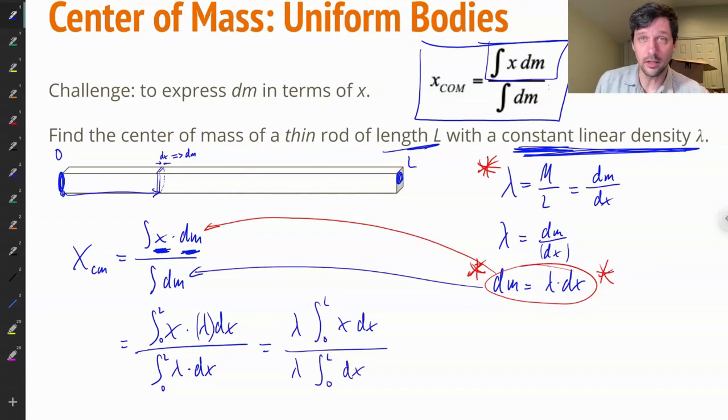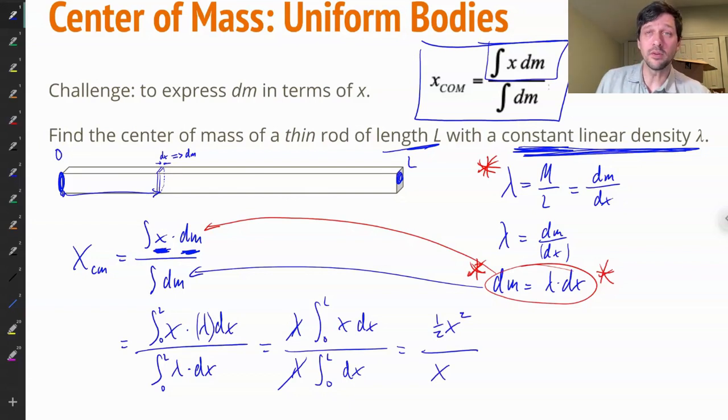We're not integrating the lambda, so we actually can cancel that out because it's not inside the integral. Now we have to deal with what's inside the integral. The integral of x dx is going to be raised to the second power, so it's 1/2 x squared, over the integral of dx, which is going to be x.